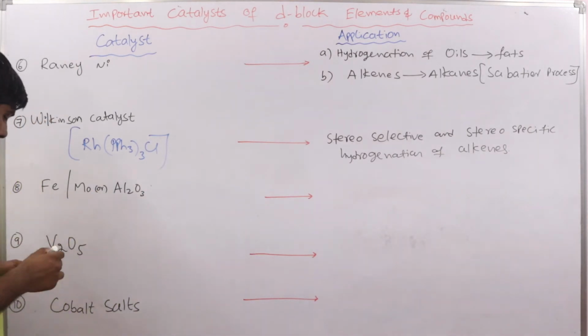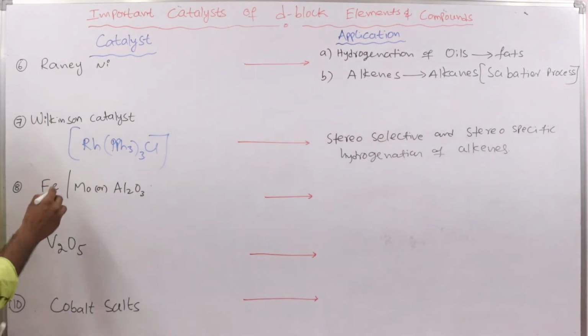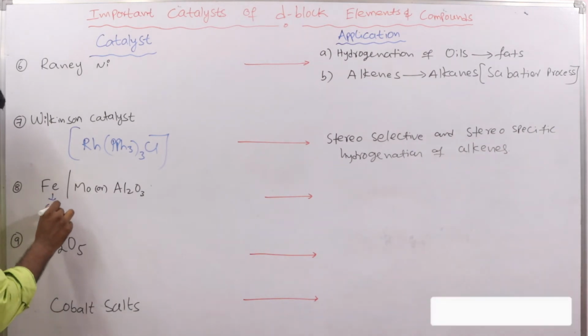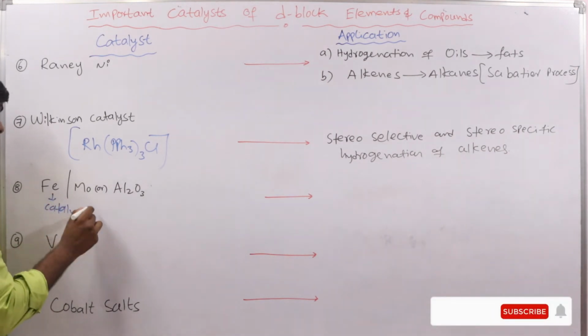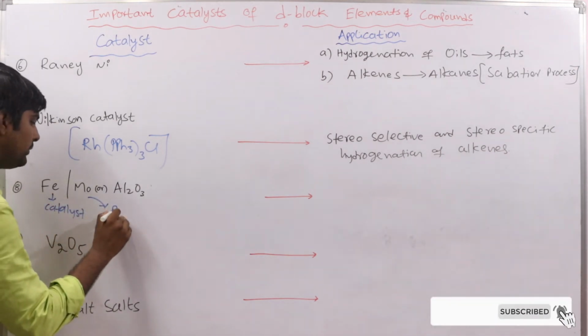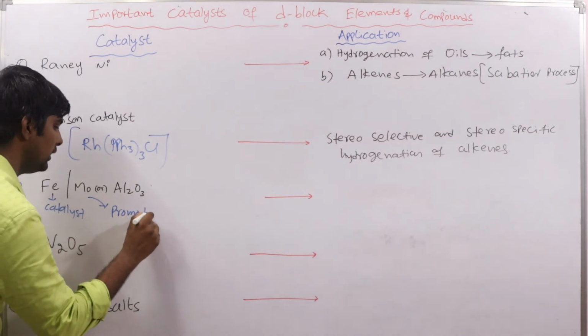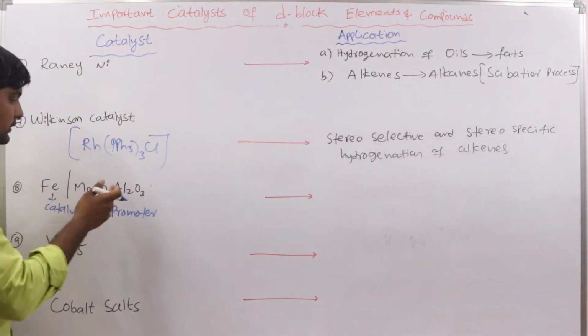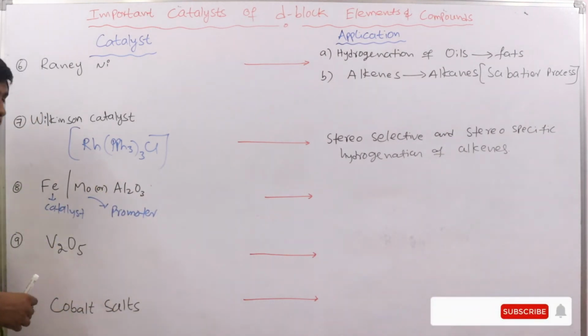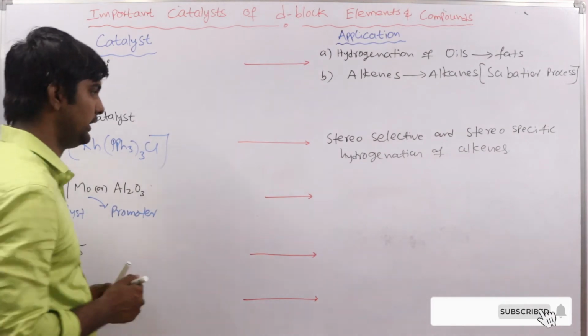Here iron is the catalyst and molybdenum is promoter. Where is it used?